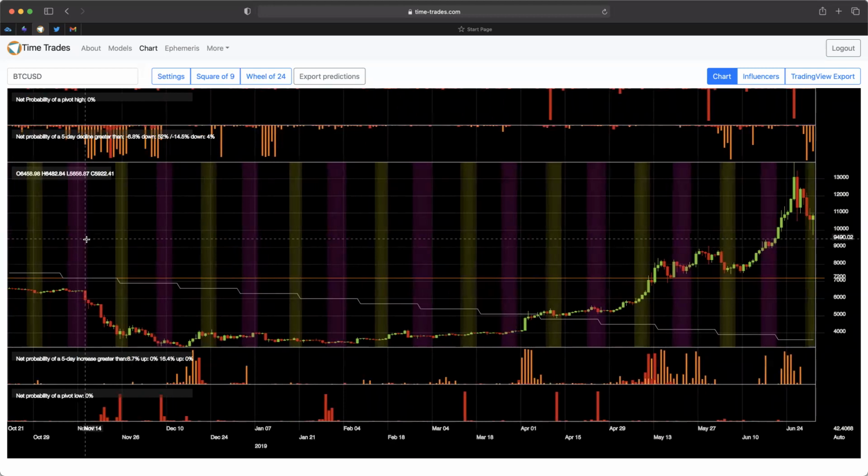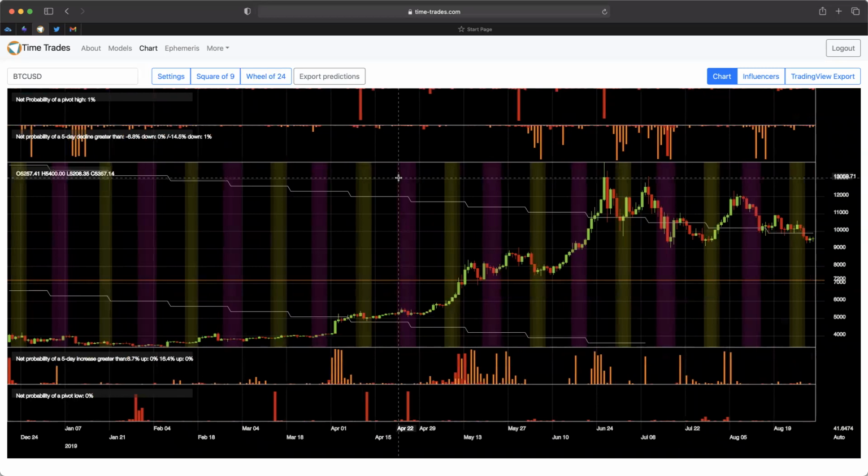I need to add more historical data to Bitcoin. Don't worry, the models are being trained on all historical data. It's just the data shown on the screen that gets truncated right around November 2018. So that's the second discovery I wanted to share with you.